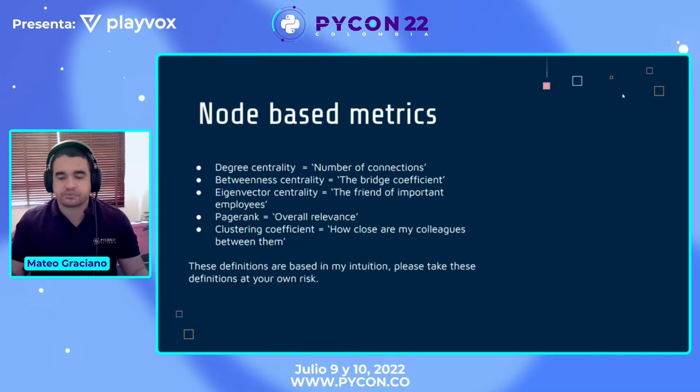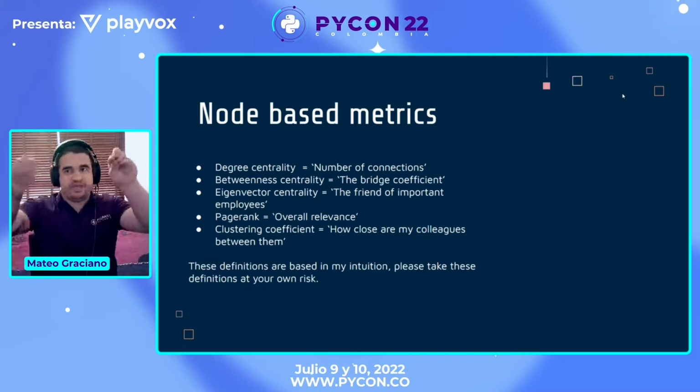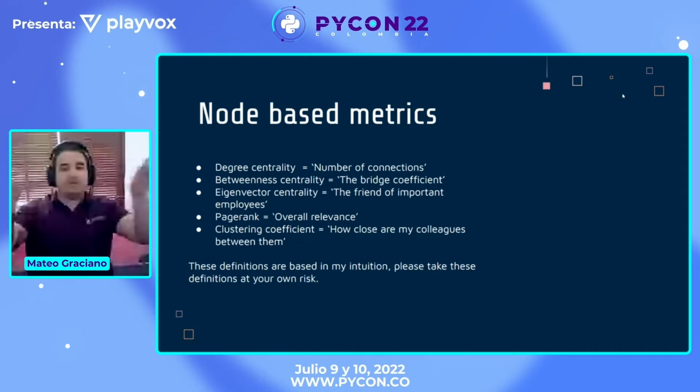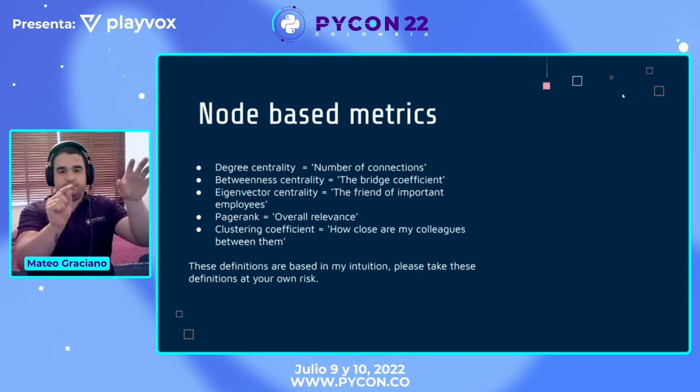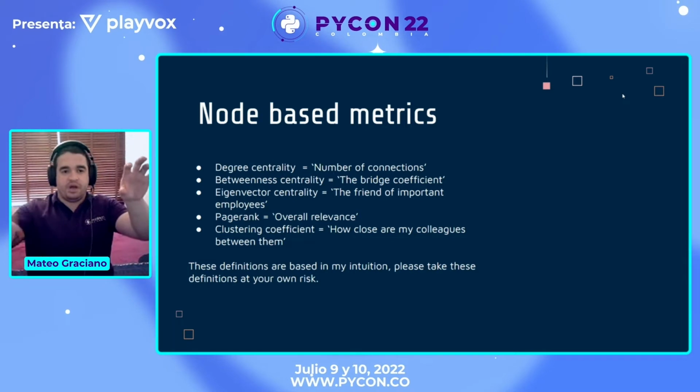For example, let's suppose you are working in a company with a commercial team and a financial team, with 10 persons here and 10 persons here. But the only person that has a relation with both teams is here in the middle of those teams. That person will have a high betweenness centrality because he connects one team and the other.